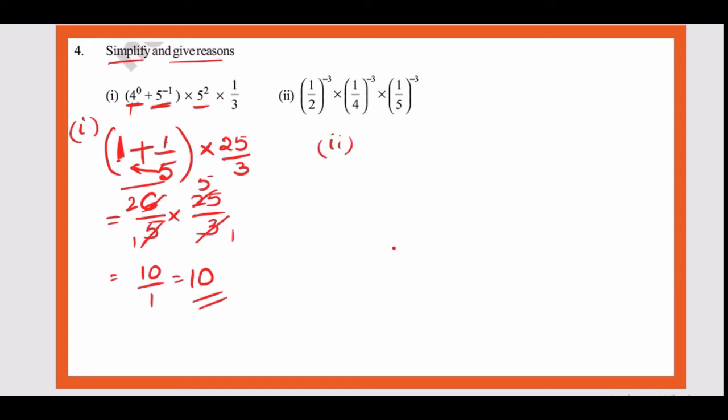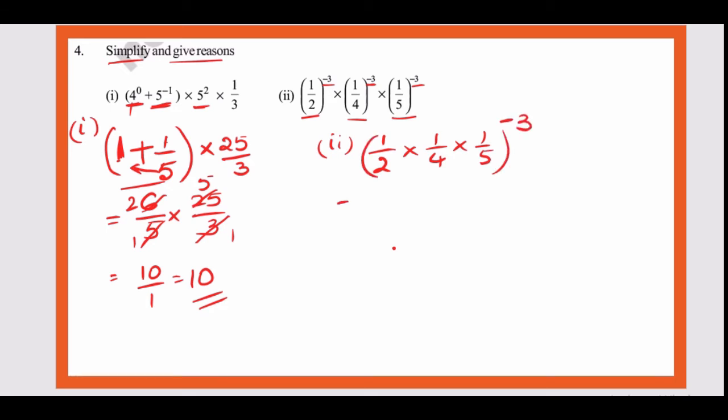Next, moving on to question number 2. So what is question number 2? If you observe, all the powers are negative, right? And one more thing you can observe here: each power is the same. So this is in the form of a power m into b power m into c power m. When you have a power m into b power m into c power m, I can write it as a into b into c, whole power m.